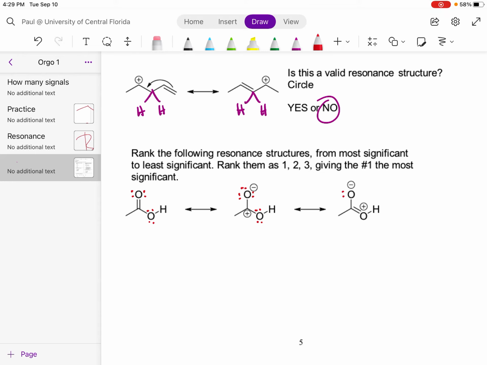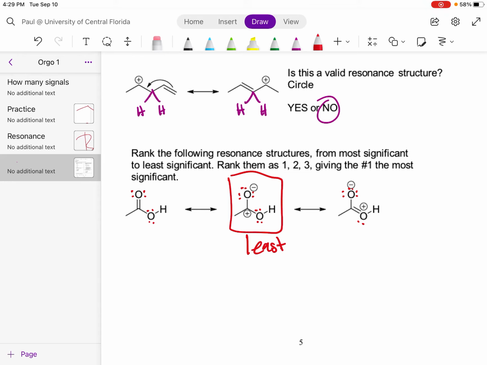And then this one right here, that oxygen has an octet, and so does that oxygen. That has an octet. So based off of the first rule, we can say that this guy is the least significant because it has an atom that does not have an octet, and the other two do have octets.